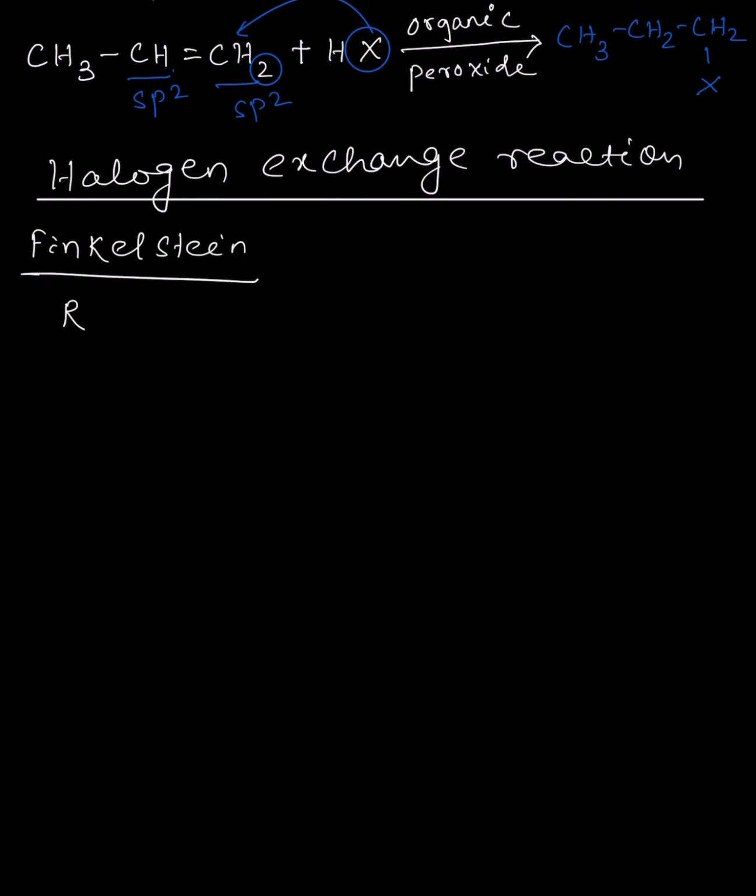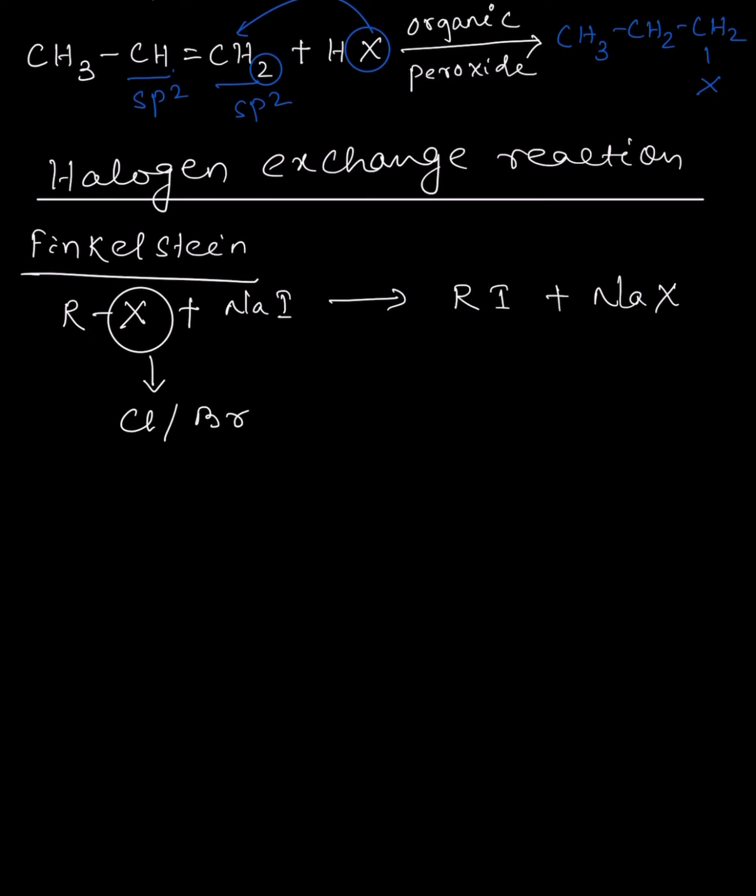In Finkelstein reaction, we exchange iodine with other halogens. When haloalkane is treated with sodium iodide or potassium iodide, it will produce iodoalkane. Here, the halogen can be chlorine or bromine, and that is substituted with iodine.